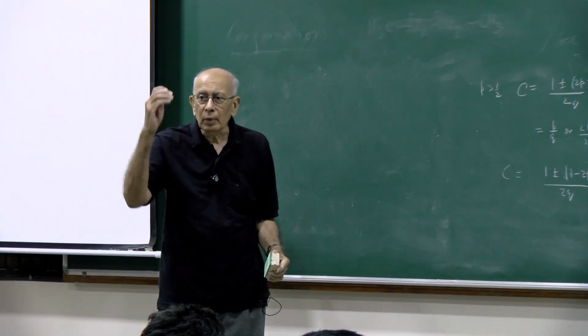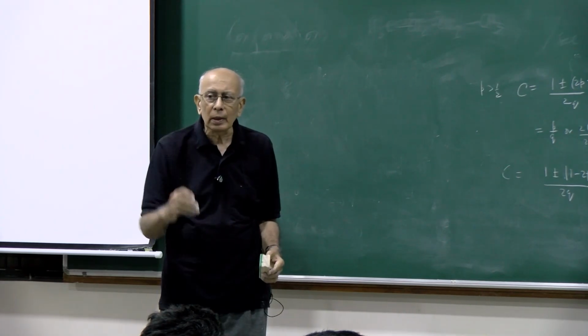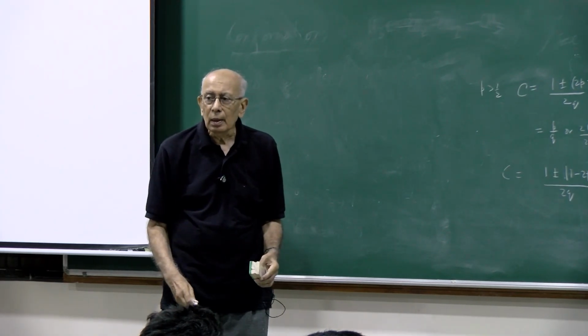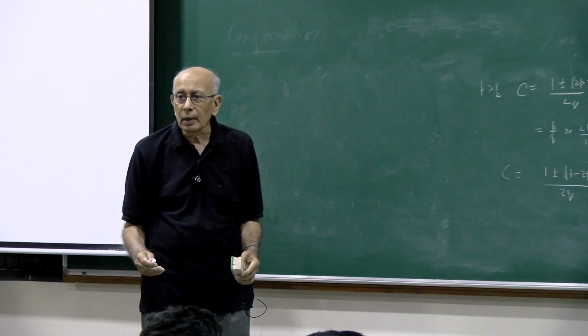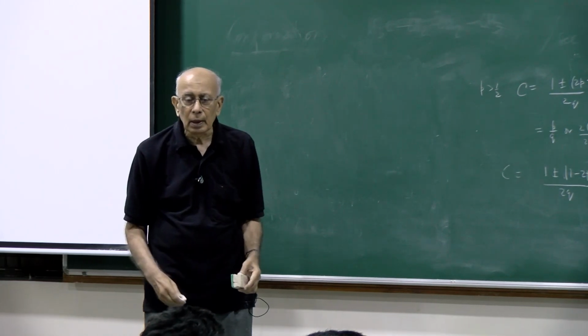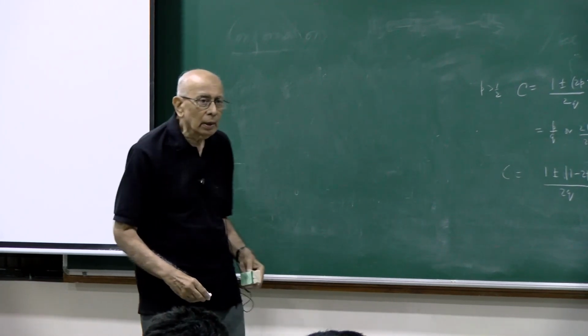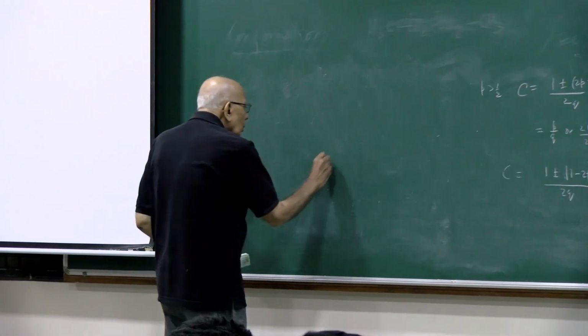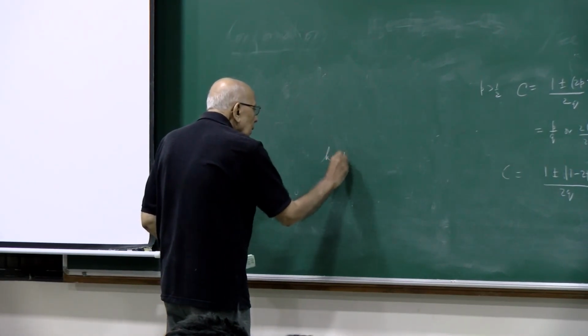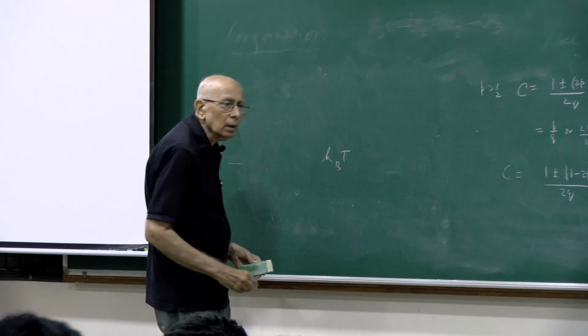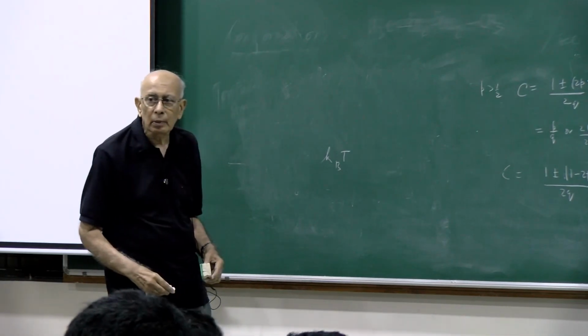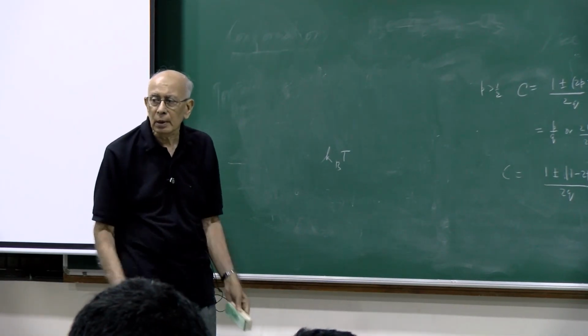The height of the atmosphere. We want to see how high a molecule can go against the Earth's gravity. Molecules have kinetic energy, which depends on the temperature. From k Boltzmann T, that's the amount of energy a molecule has at temperature T. We'll assume the whole thing is at uniform temperature.